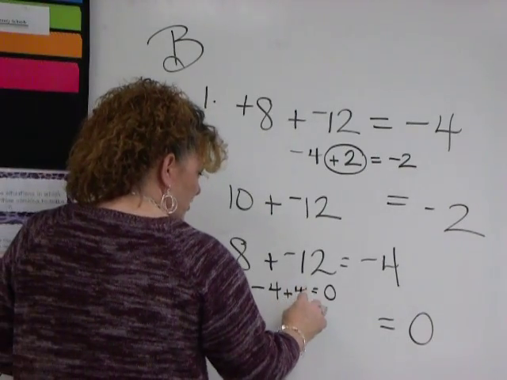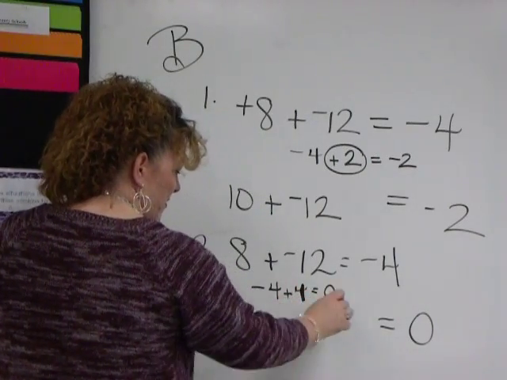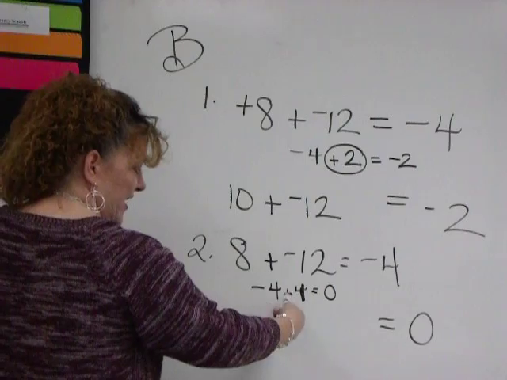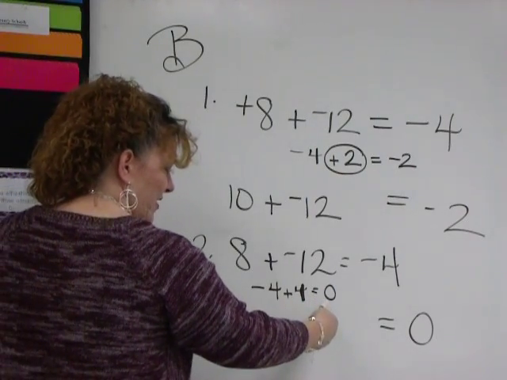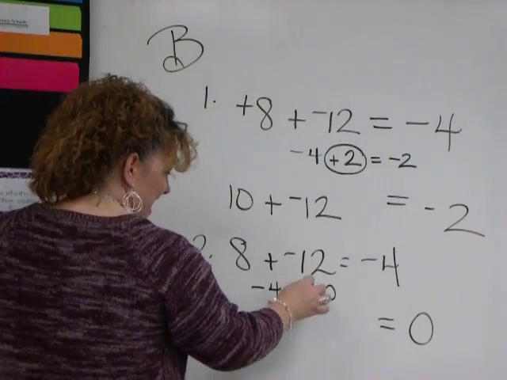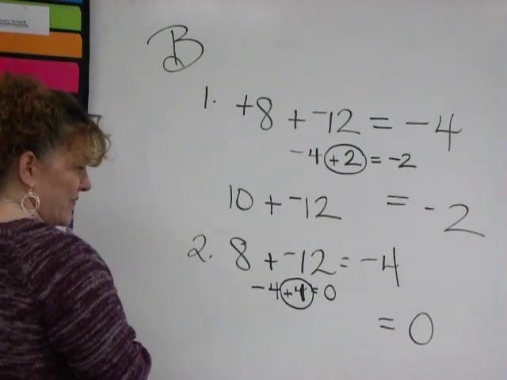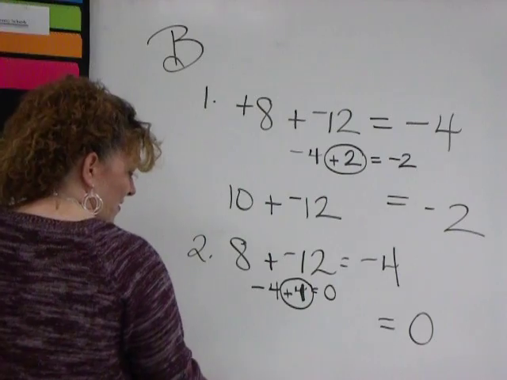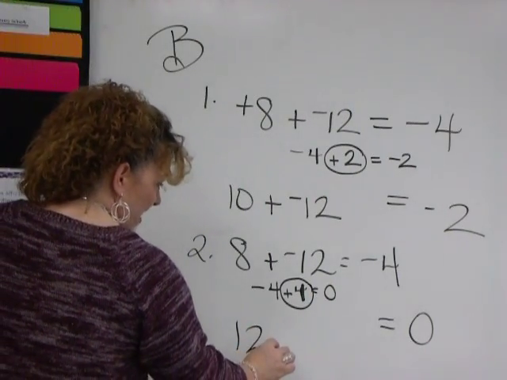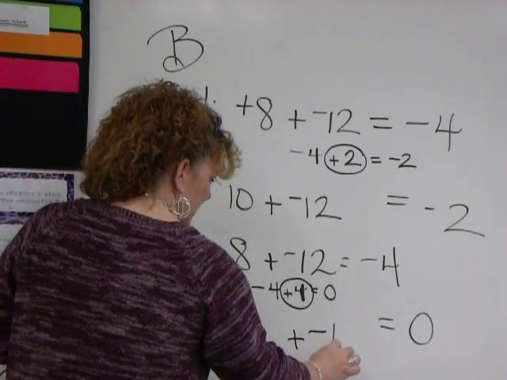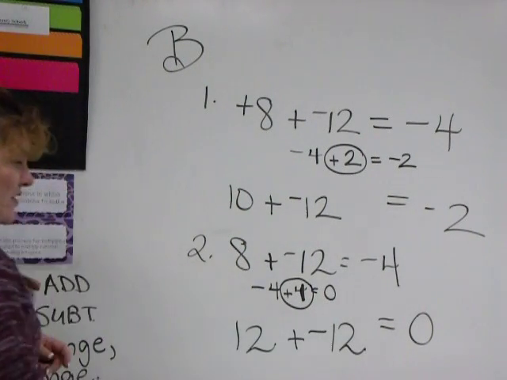Four positives, because you have to make 4 sets of 0 pairs. That's how they're going to cancel each other out and be 0. So now I have to have +4 more to get to 0. So 8 plus 4 is 12. So a +12 plus a -12 would be 0.